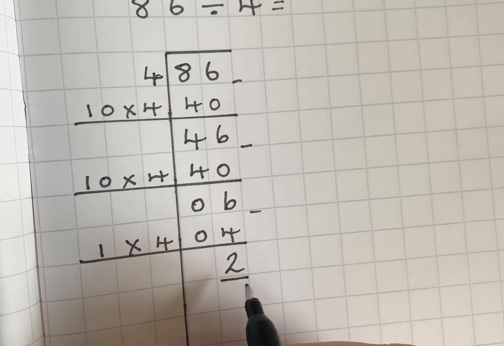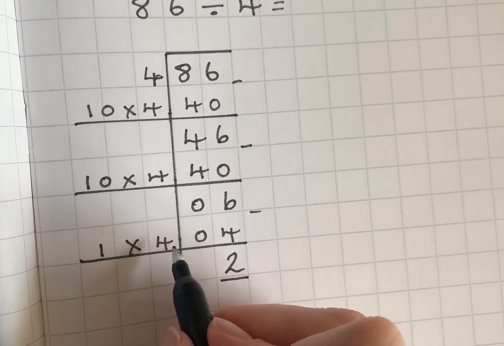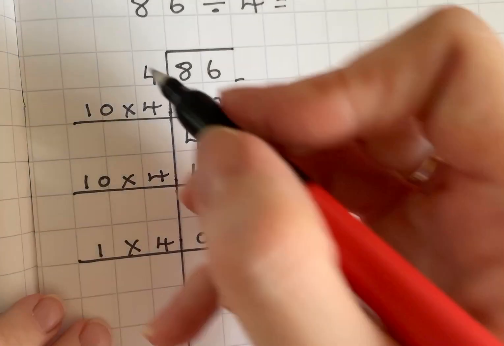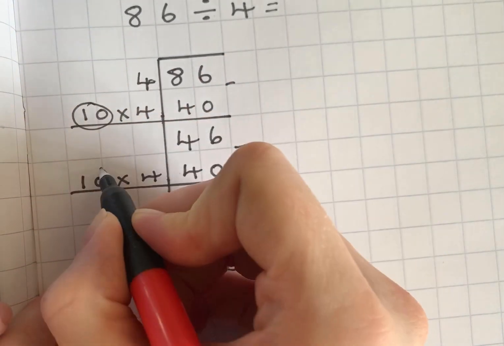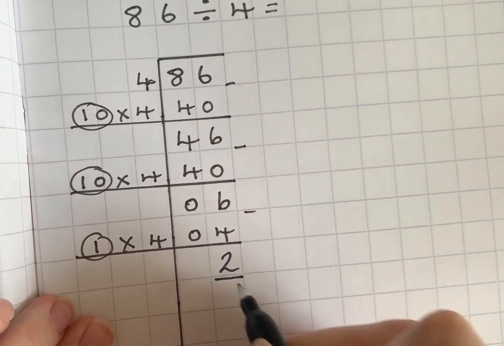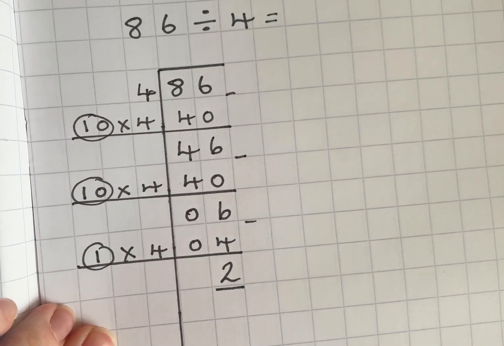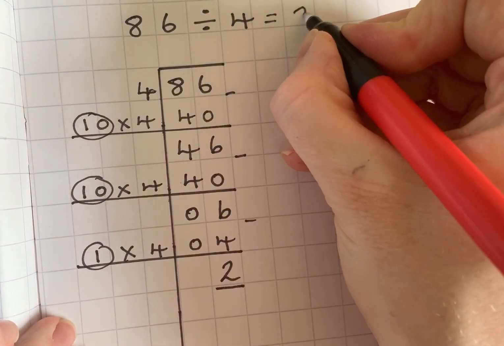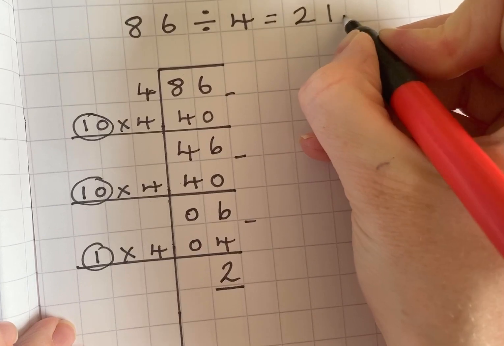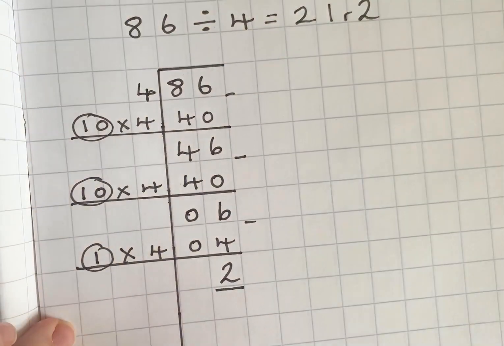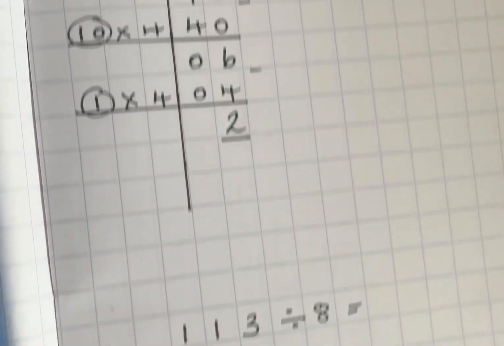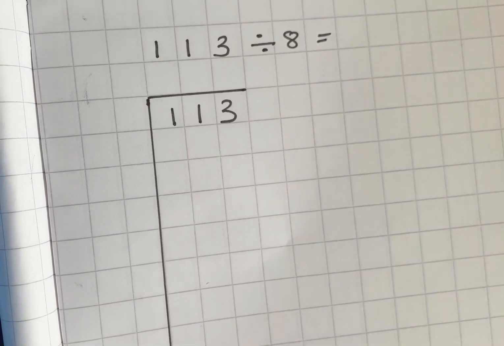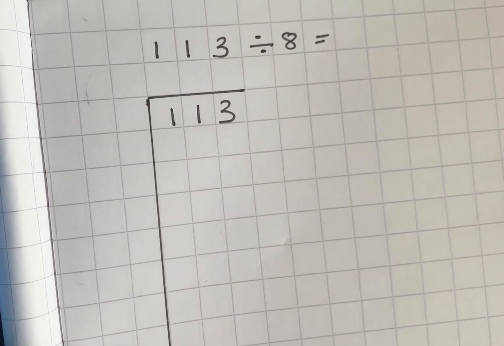Just remember that your remainder can never be bigger than the number you are dividing by. So let's count up: 21, and then you have remainder 2. So 86 divided by 4 is 21 remainder 2.